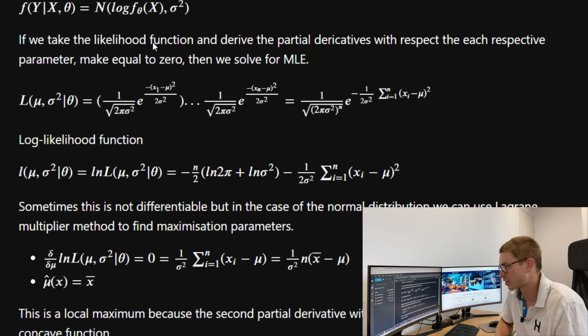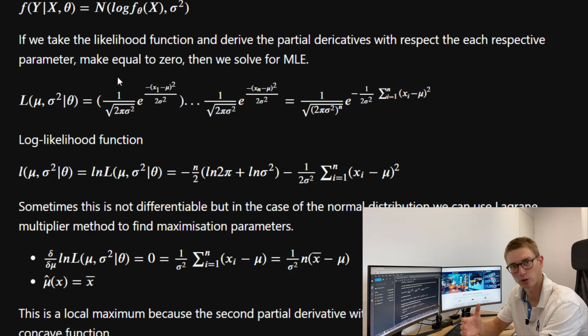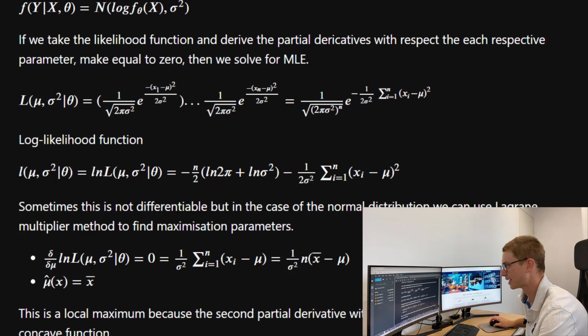For something that's continuous and differentiable, like the normal distribution that we saw above, we can use the process of Lagrange multipliers, where we take the partial derivatives of this continuous differentiable function, the PDF, and make it equal to 0 for our parameters of interest, and then we'll solve for the MLEs.